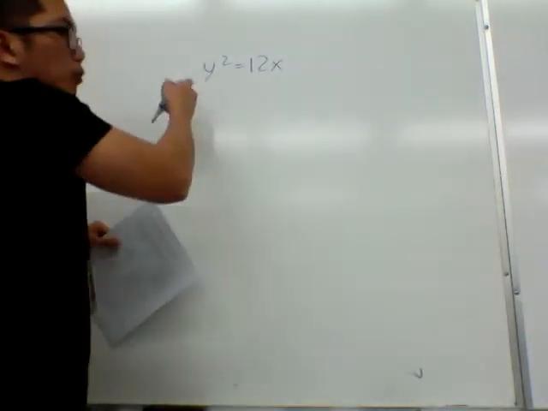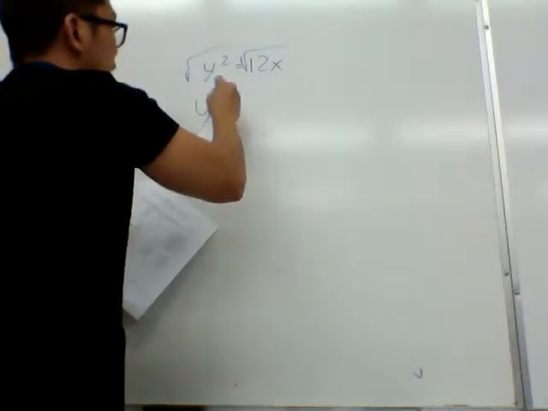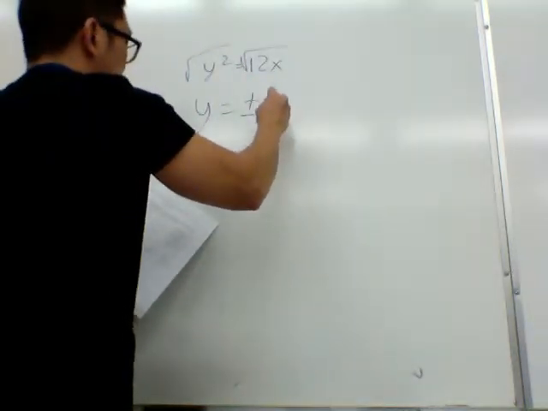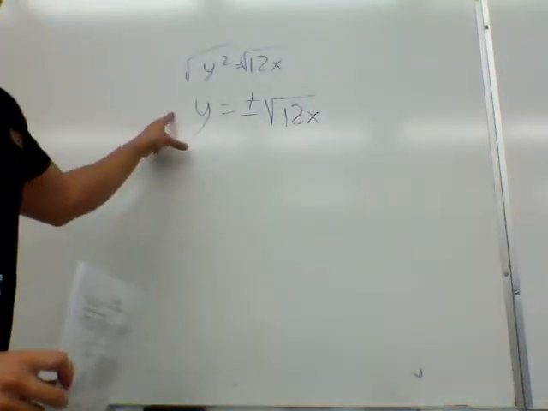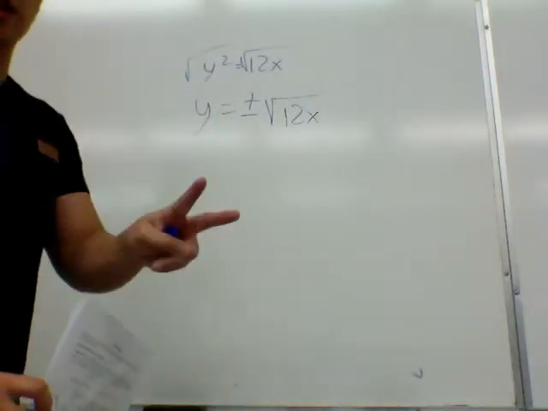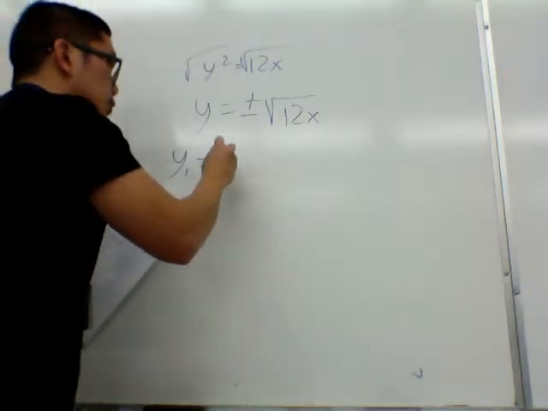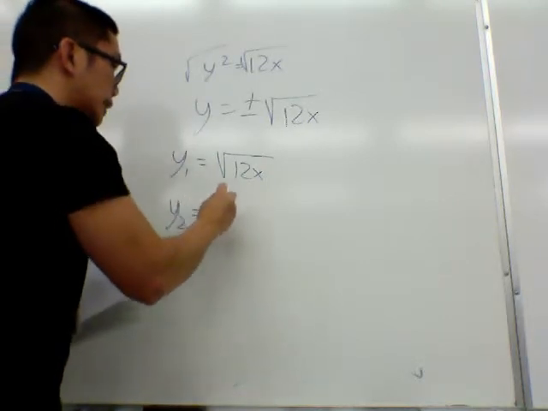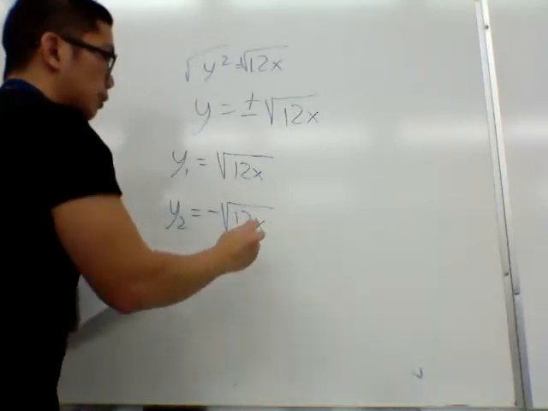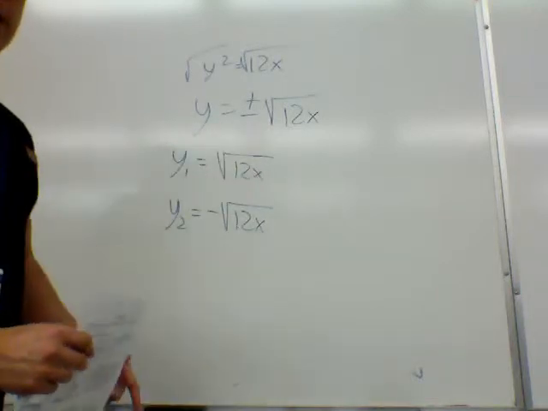This is the only time we'll actually be solving for y. So I square root both sides, and I have y is equal to plus or minus square root of 12x. That means when you open your calculator, you're going to enter two equations. y1 will be square root of 12x, and y2 is equal to the negative square root of 12x. You have to enter both in order to get the full graph.